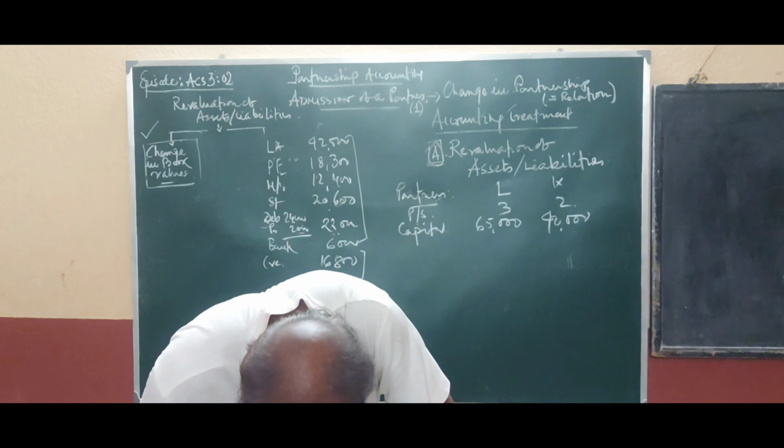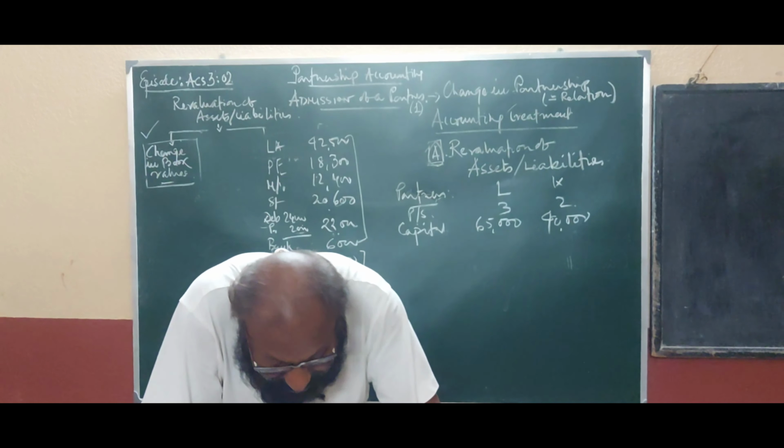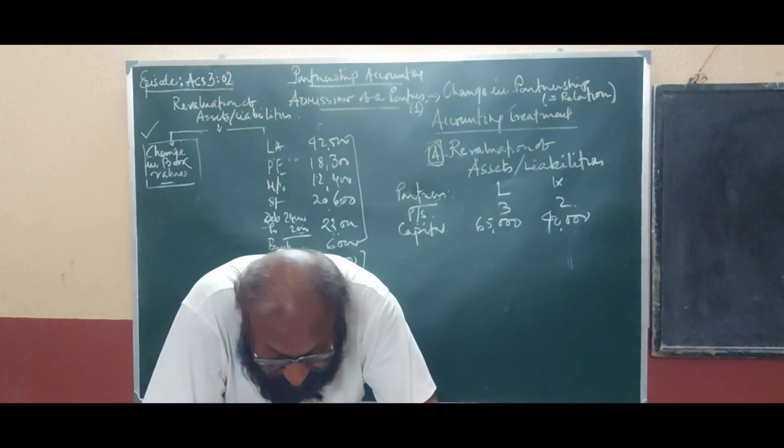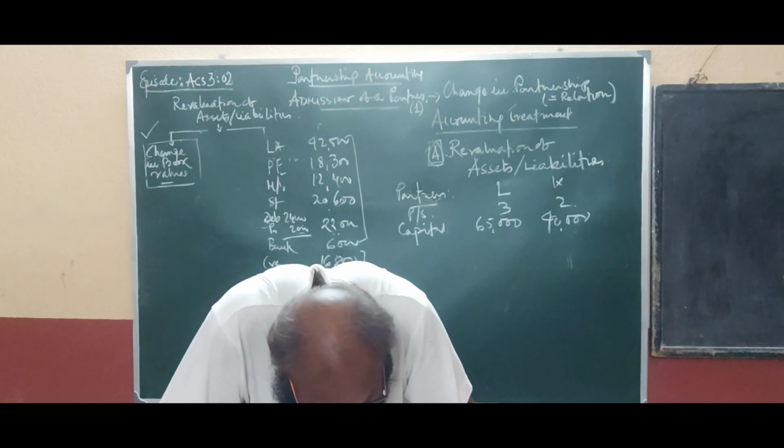Now by arrangement, the following adjustments were to be incorporated in the books of account before Canary was admitted. So they are giving admission. Lark and Kite are in partnership sharing profits and losses in 3:2. It was agreed that Canary should be admitted to the partnership.